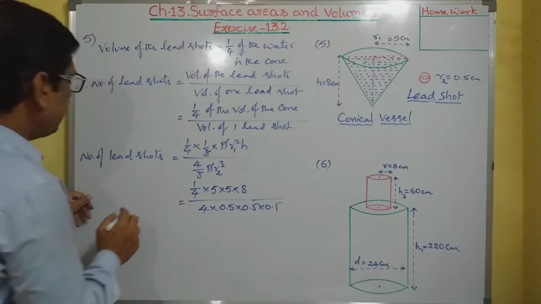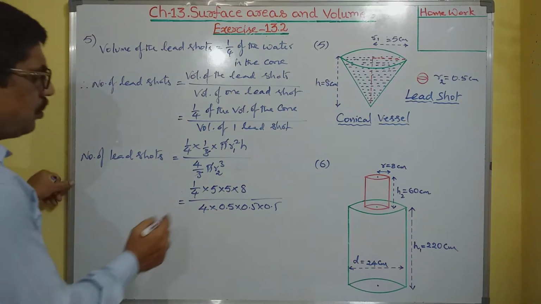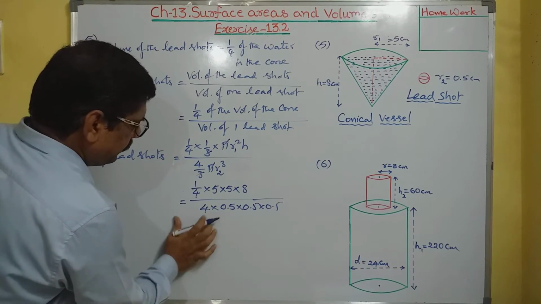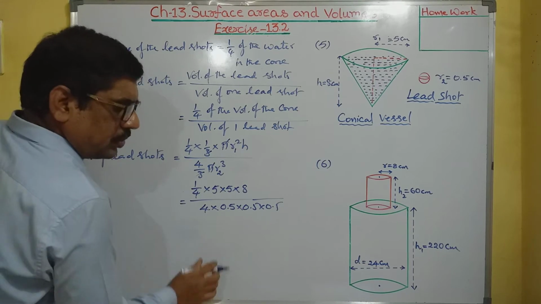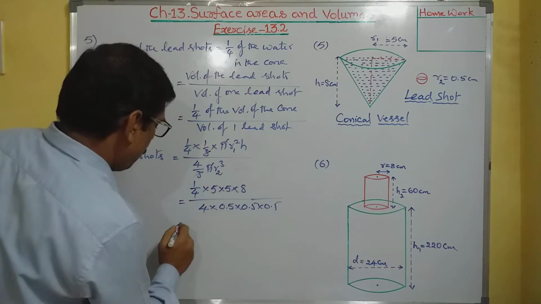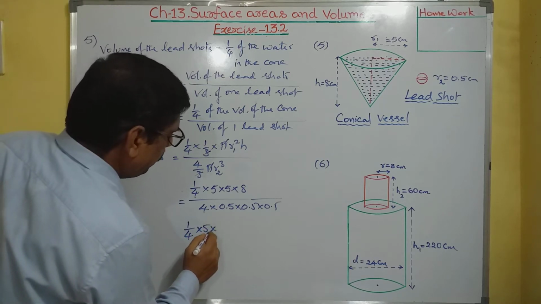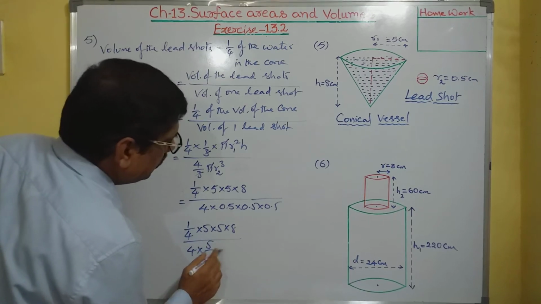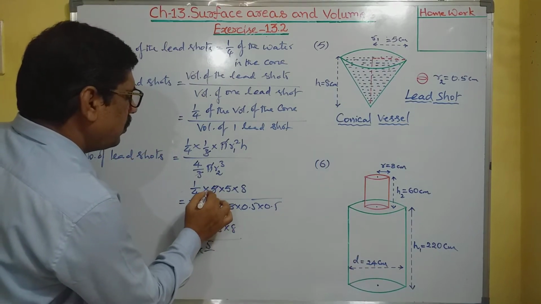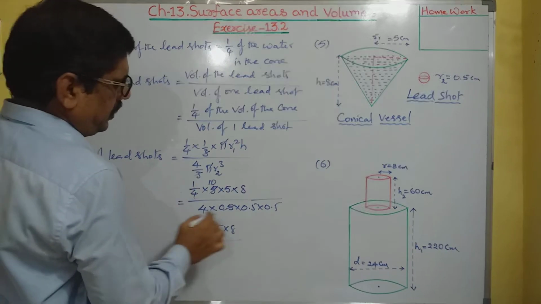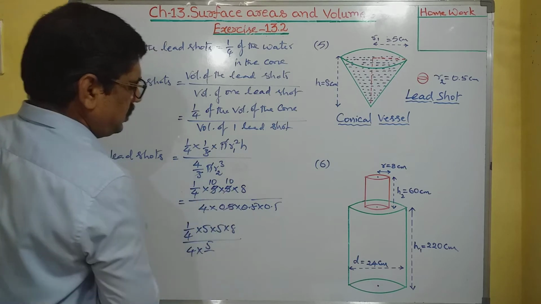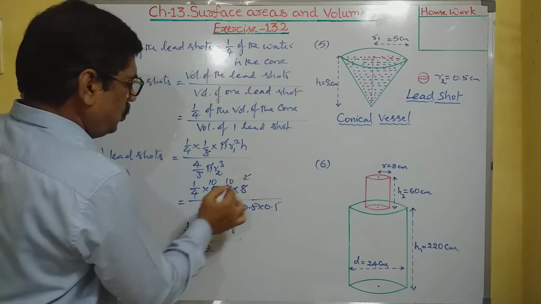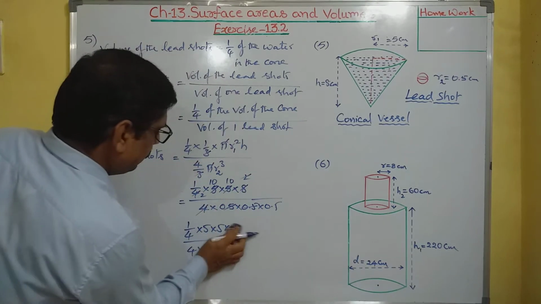There will be no units, because this is the number of lead shots; you don't need to write the units. So this is equal to 1 by 4 into 5 into 5 into 8 by 4 into 0.5 cubed. Let us cancel 0.5 with 0.5, which will be simple for us.